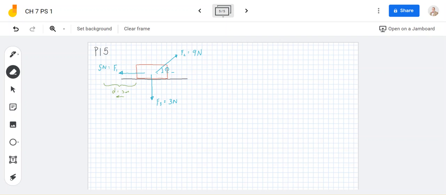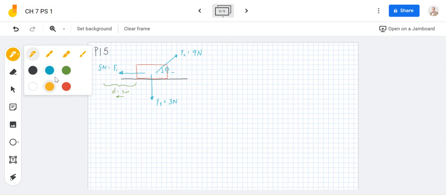One way to do this, if you wanted to find the net work done. So this is the net amount of work. You could take the net force and multiply by the distance that's parallel to that net force. So in this case, that would be the horizontal direction. You can totally do that, and that's one way to do it.